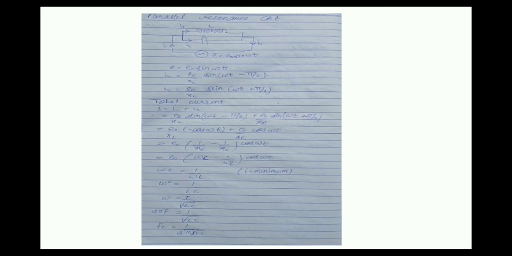Talking about the characteristics of resonance in the series and in the parallel. In the parallel circuit, resonance occurs when XL equals XC, whereas the resonant frequency fr equals 1 upon 2 pi square root of LC.